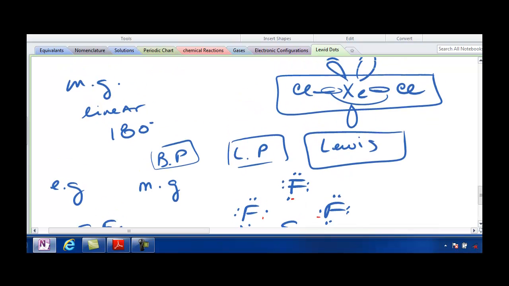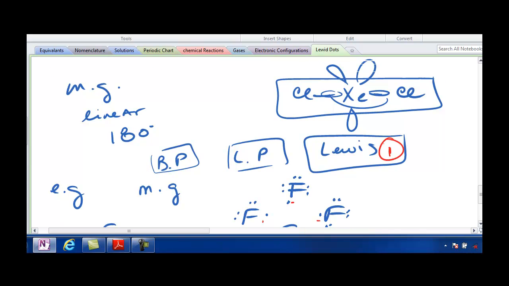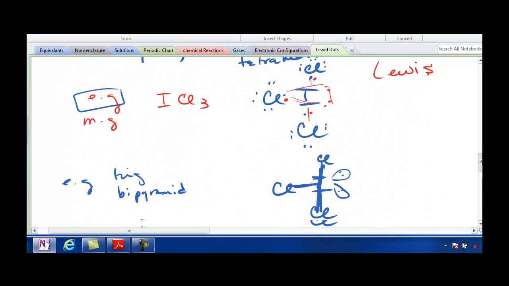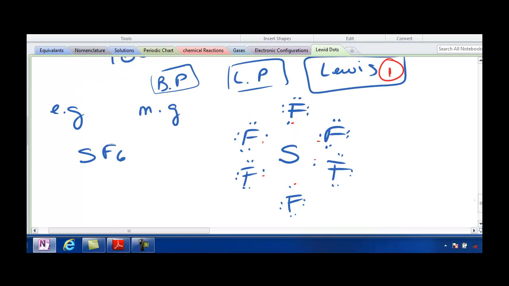That was step 1. This is always step 1. How many bonding pairs? How many lone pairs? 6 bonding, 0 lone. So I have 6 negatively charged clouds that repel each other, and they're going to point where? Let's clean it up a little bit.